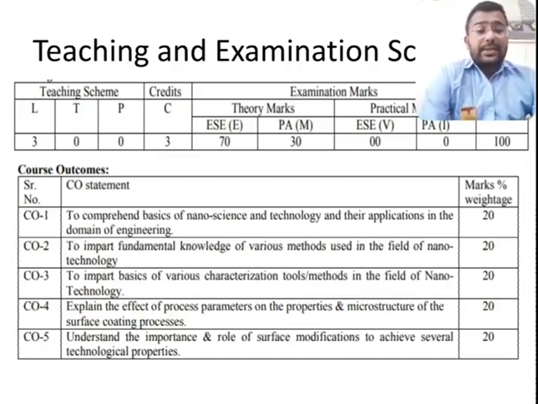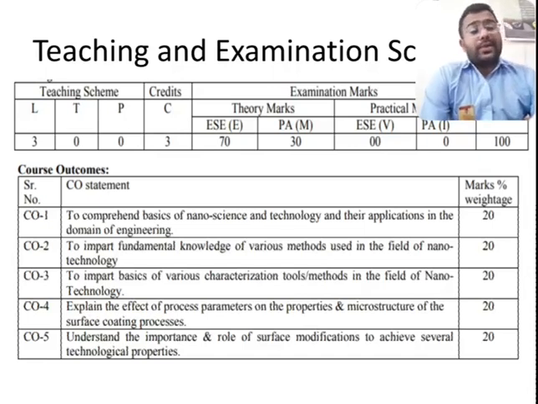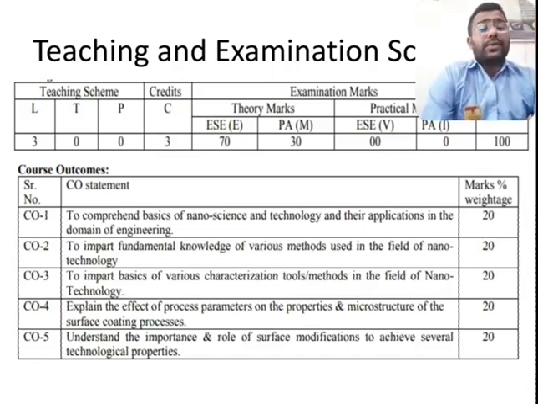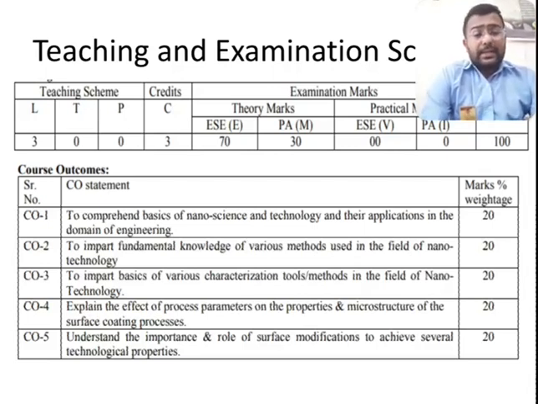And the last topic is to understand the importance and role of surface modification to achieve several technological properties. As we know, the surface finishing operation is a most important operation in the manufacturing field, so surface modification is also a most important topic, and its importance is larger than the finishing operation.